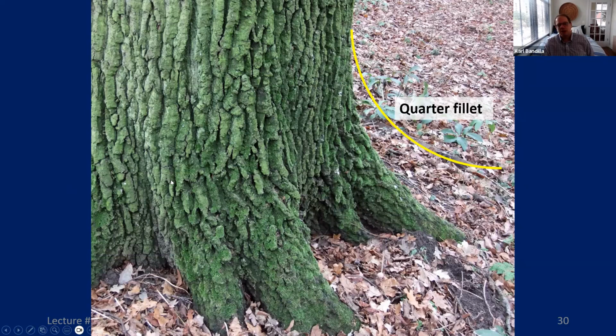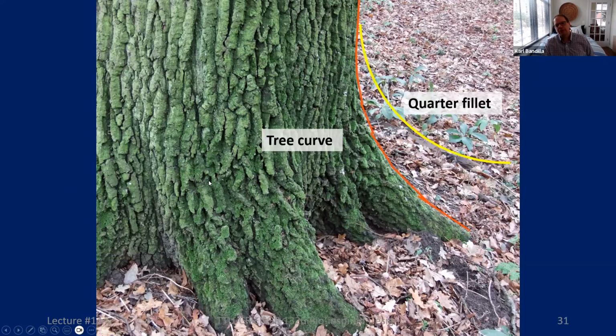And so the researchers went around and measured out what these curves are. They call it a tree curve, and you can say, well, that's all fine and good. You can call your curve whatever you want to, but it turns out that this is actually universal. Trees, where the roots come out, have this kind of tree curve.